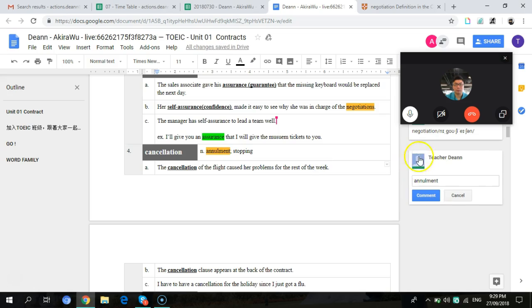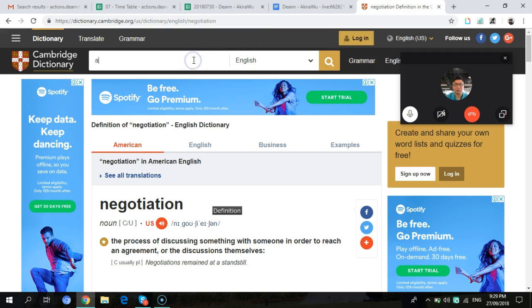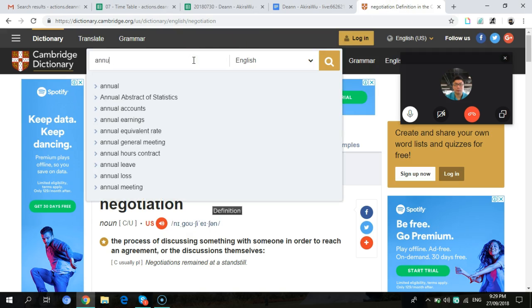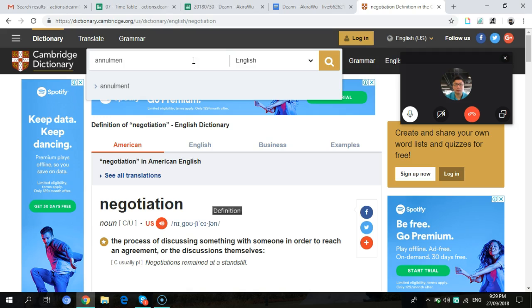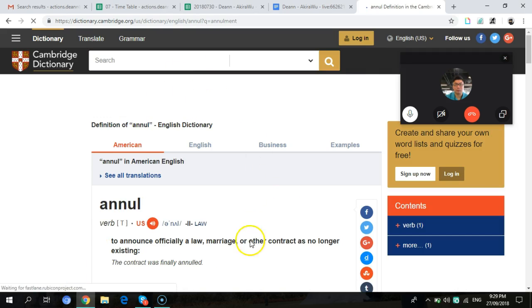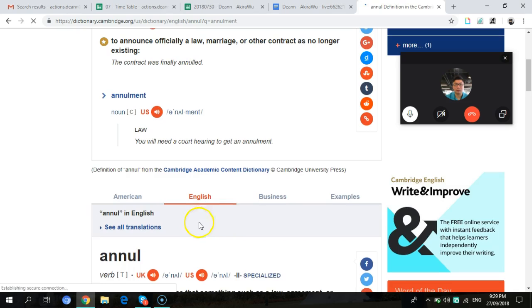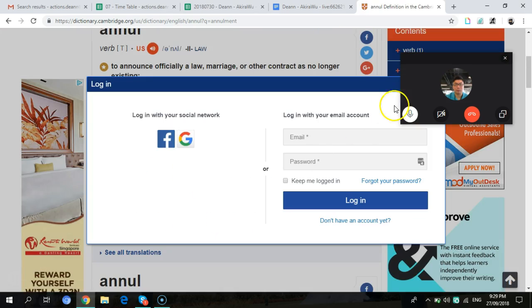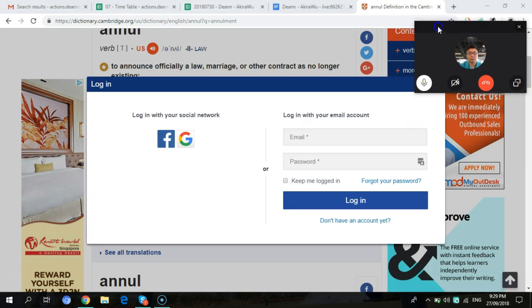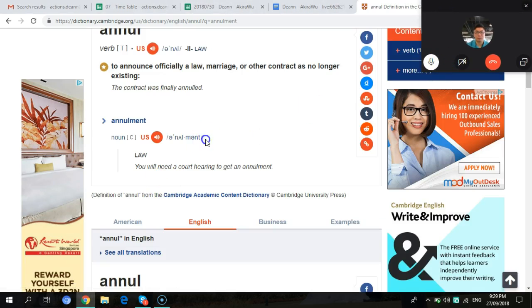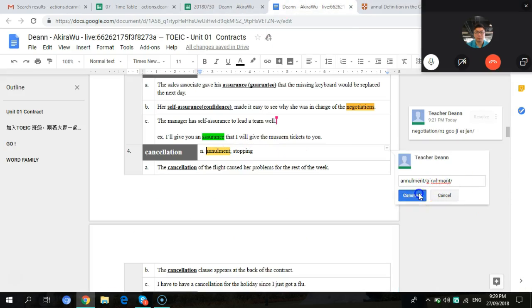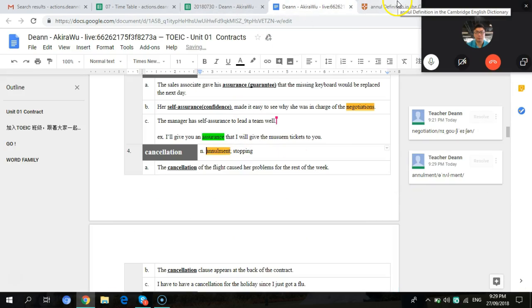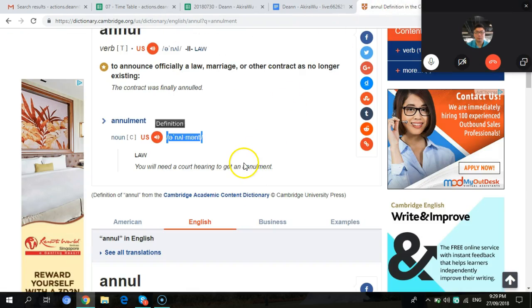What it means? Okay, so let me put the meaning of the word annulment. Let me put the pronunciation first, okay? I'll put it here in the comment section, just beside the document so you can see.